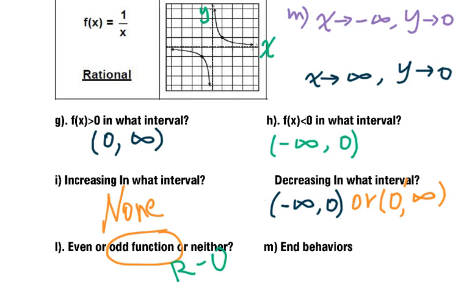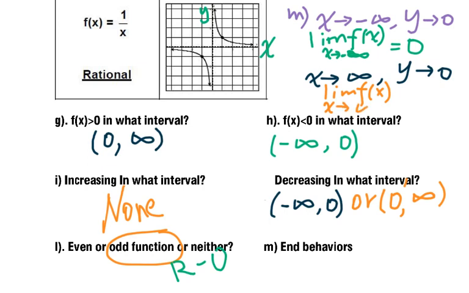So the limit format will be limit of f(x) as x goes to negative infinity equals 0, and limit of f(x) as x approaches positive infinity equals 0.